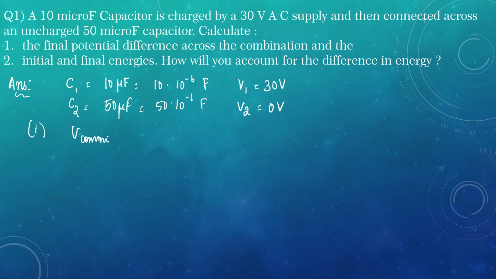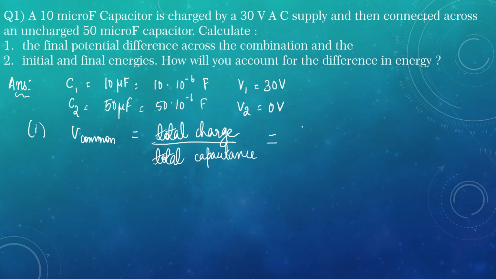V common is equal to total charge by total capacitance. Total charge is C1 V1 plus C2 V2, divided by C1 plus C2. This is the V common.